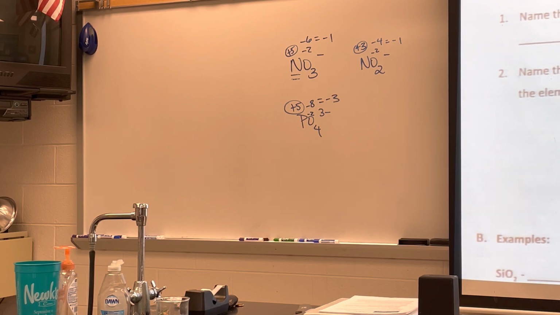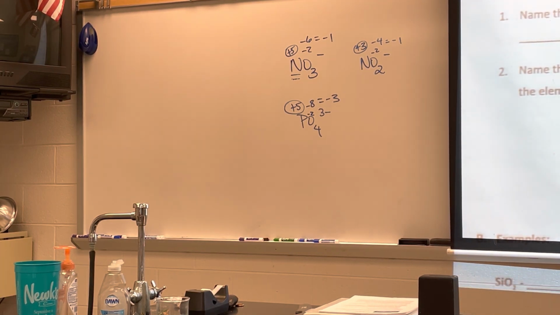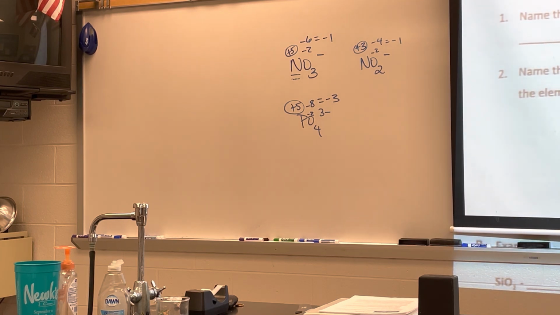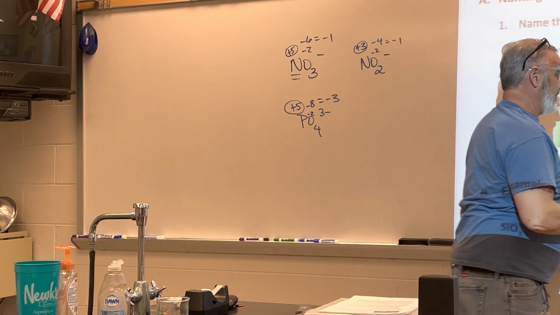What does binary mean? 2, only 2 elements, okay? And since it's molecular, it's going to be 2 nonmetals. So you might want to write that just out to the side. 2 nonmetals. That makes it covalent.